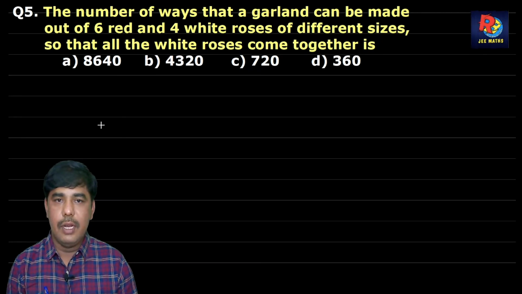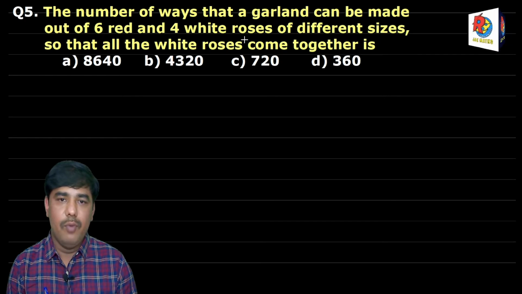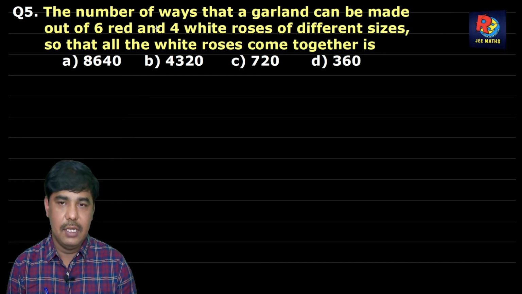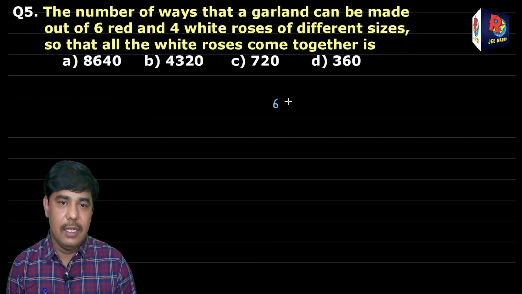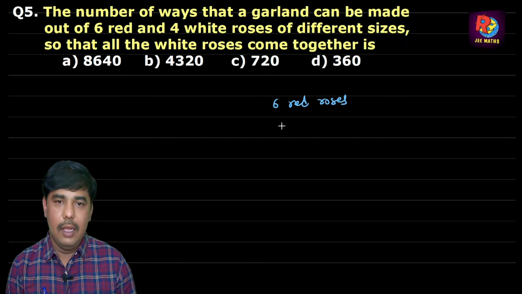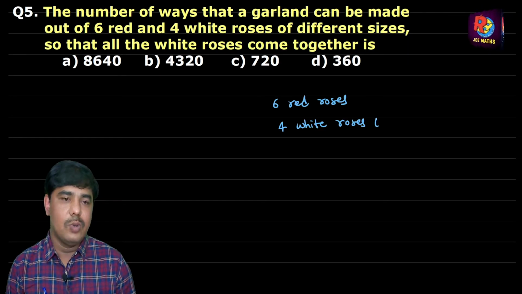In this case, you can observe that a garland can be made out of 6 red and 4 white roses of different sizes, so that all white roses come together. So all white roses come together means 6 red roses and 4 white roses. 4 white roses together.